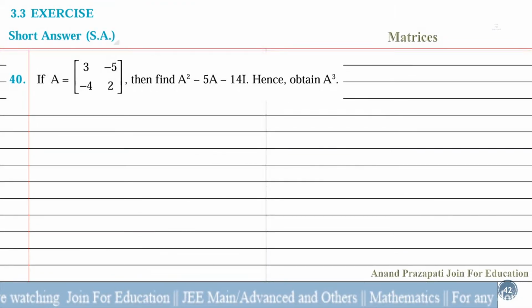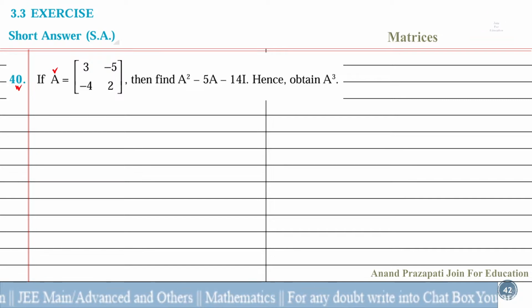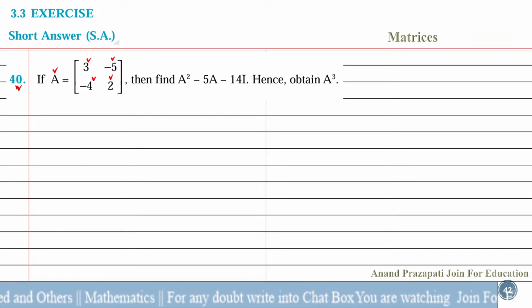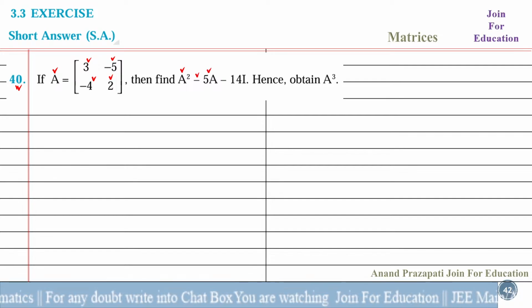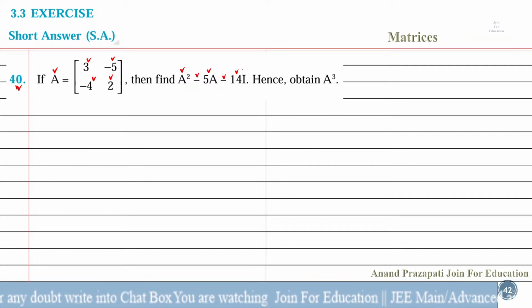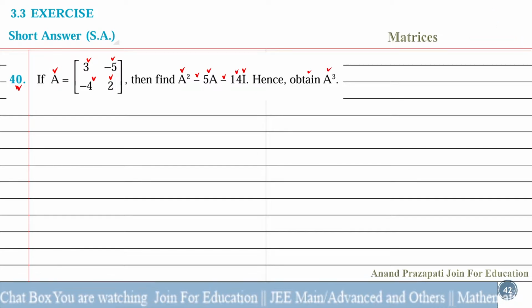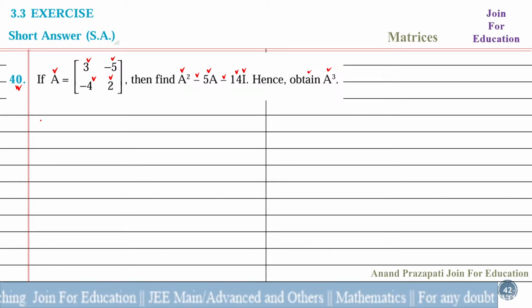Let's see question number 40, which is matrix A equals 3, minus 5, minus 4 and 2. Then find A square minus 5A minus 14I, hence obtain A cube. So let's see the solution of this question.